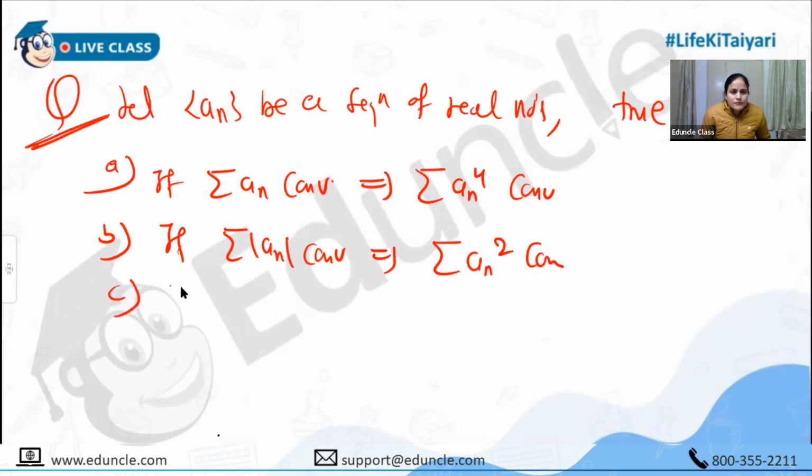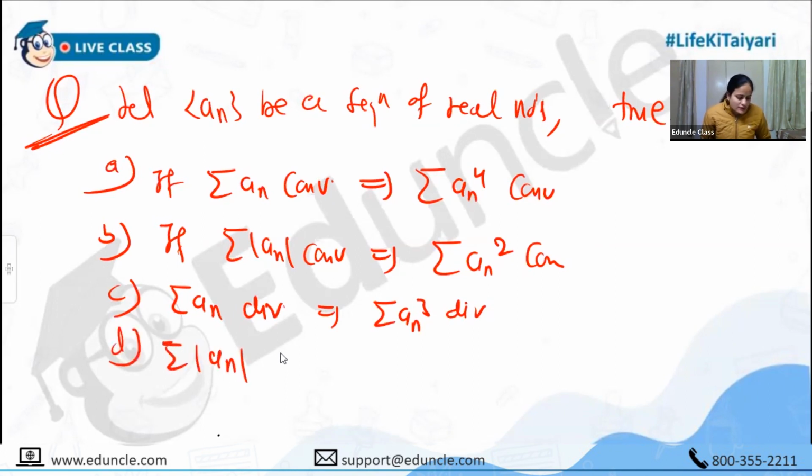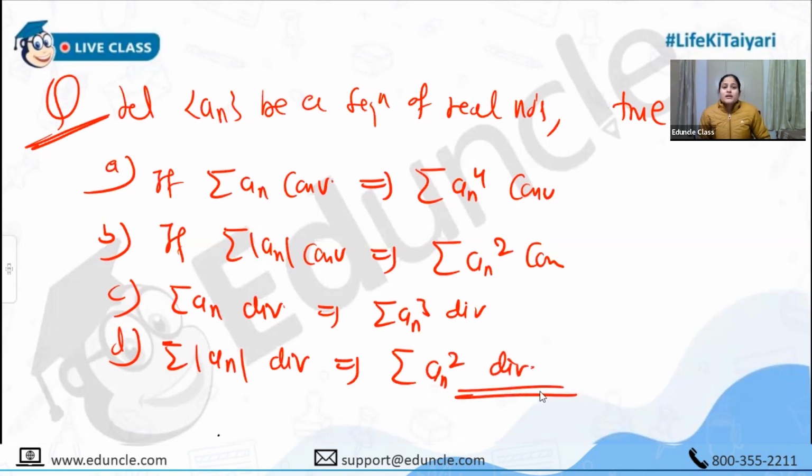C option: if the series a_n is divergent, then this implies the series a_n cube is also divergent. And the D option: if the modulo series a_n is divergent, then this implies the series a_n square is also divergent. Pick the true statement among them.